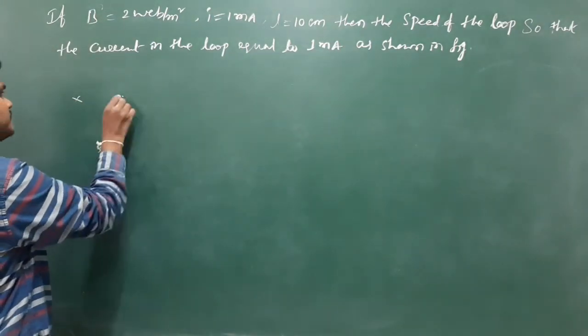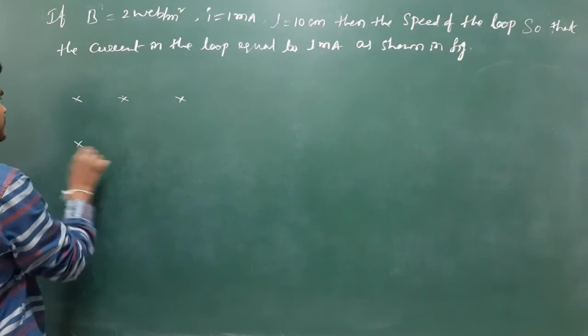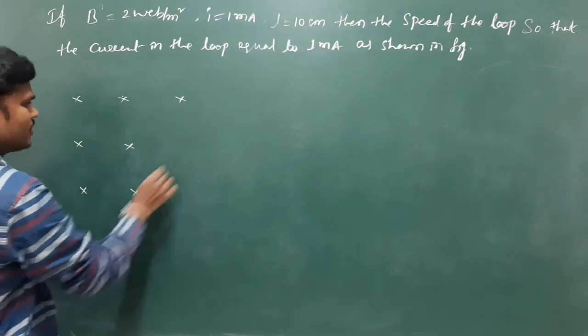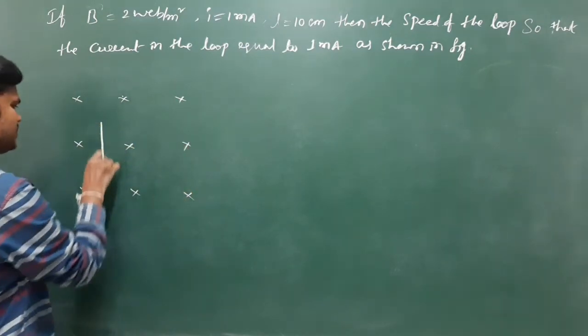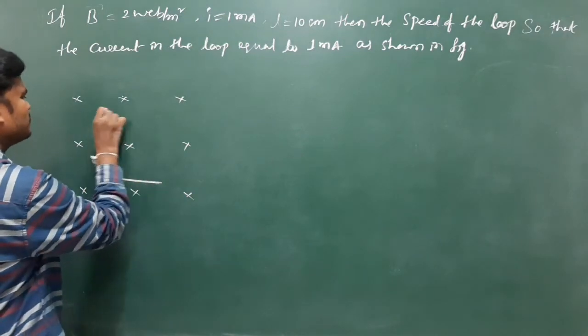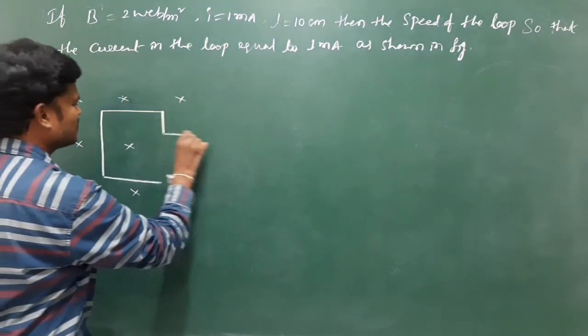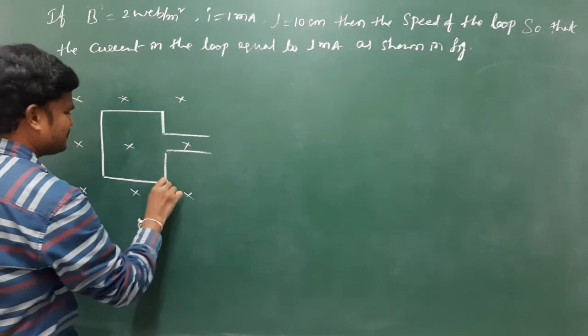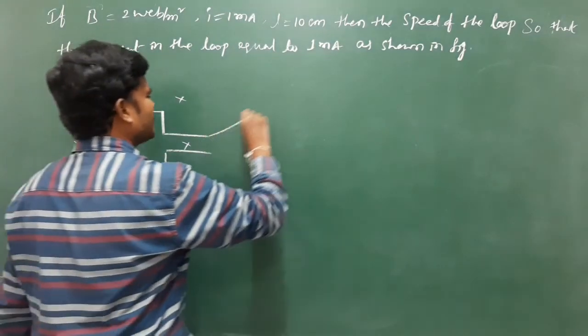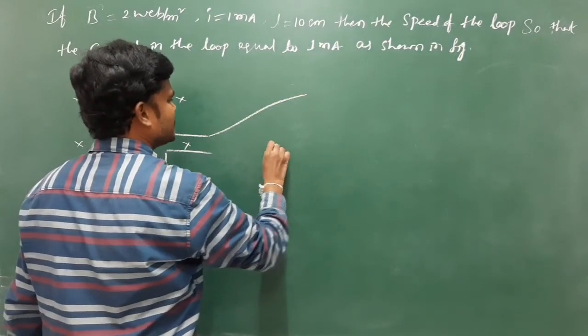See the diagram. They given a square loop. See, this is the square loop. And these are connected to some resistances.